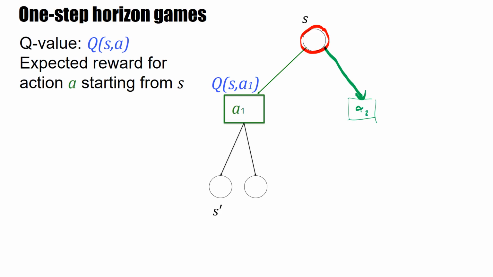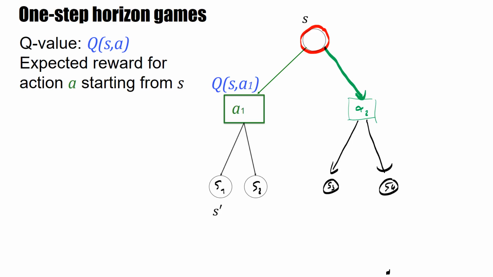And then from action A2, you will also have several possible continuations. So you could end up in different states that are all different final states. And let's call this state S1, state S2, S3, S4.